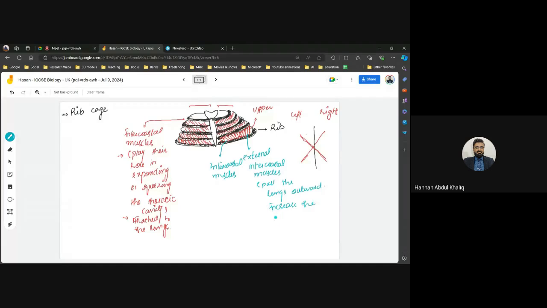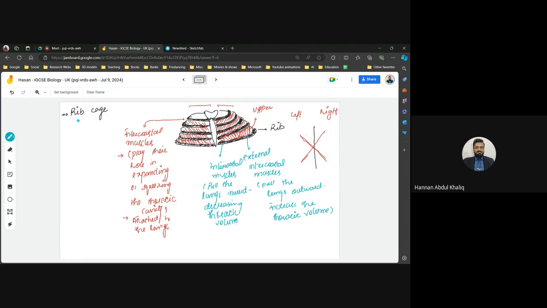And the internal intercostal muscles would pull the lungs inward, decreasing the thoracic volume.